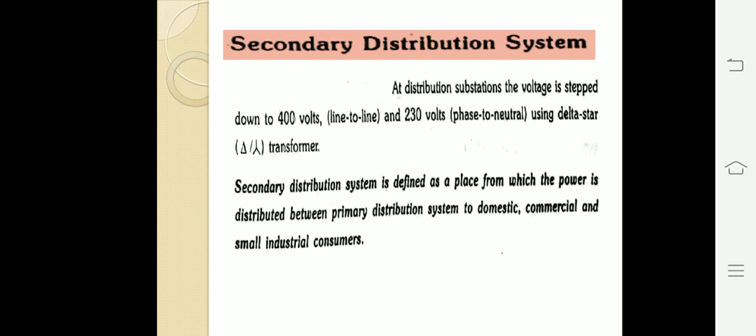At distribution substations, the voltage is stepped down to 400 volts line to line, and 230 volts phase to neutral, by using a delta to star transformer. So we are defining the secondary distribution system, where primary distribution power goes to domestic, commercial or small industry purposes. This is the definition of the secondary distribution system.